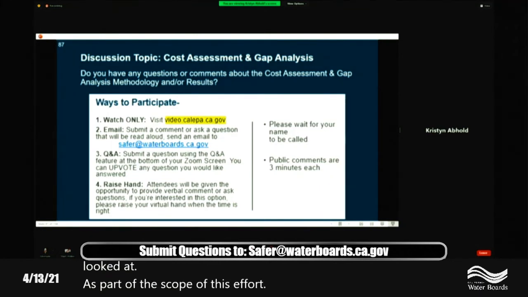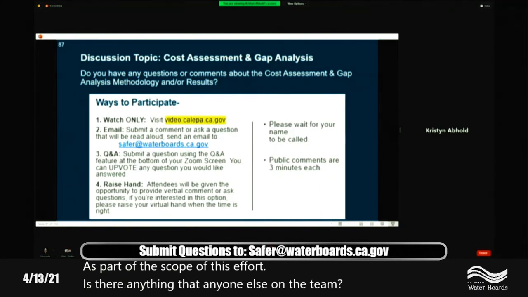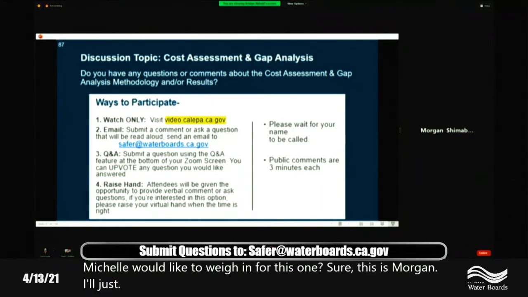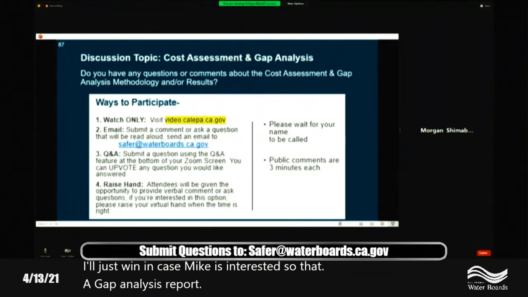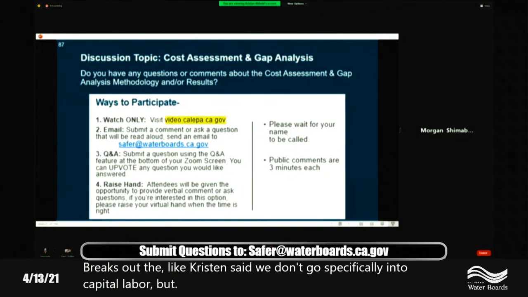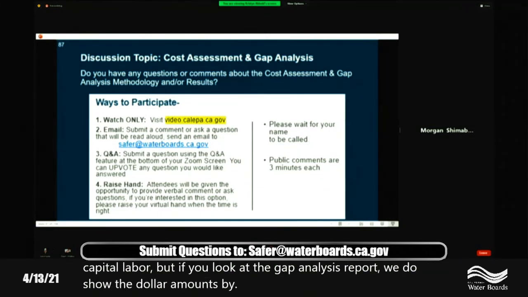Is there anything that anyone else on the team, either Morgan or Michelle, would like to weigh in for this one? Sure, this is Morgan. I'll just weigh in in case Mike is interested. The gap analysis report, like Kristen said, we don't go specifically into capital and labor, but if you look at the gap analysis report, we do show the dollar amounts by these different tiered priorities.